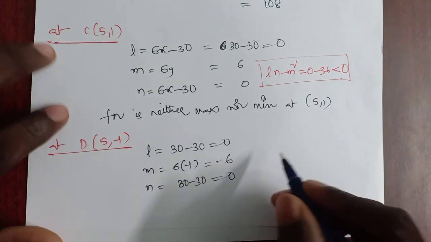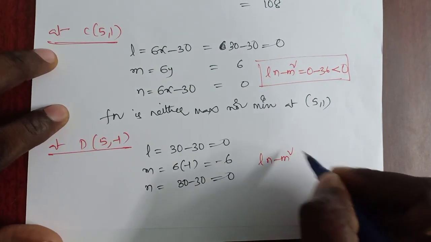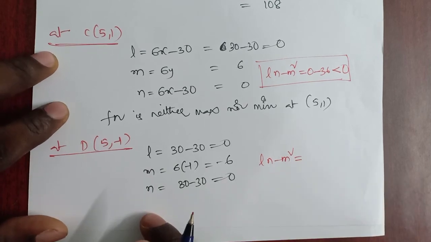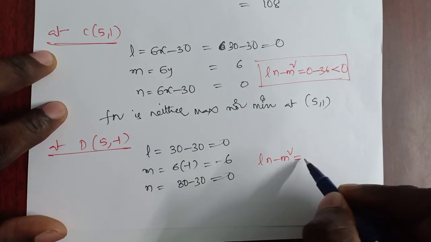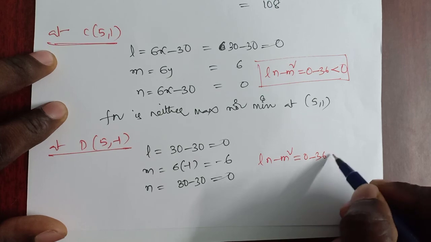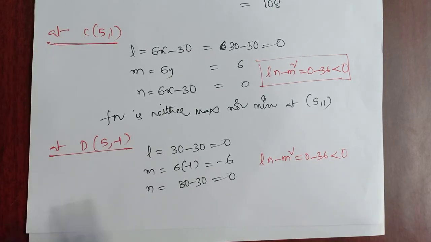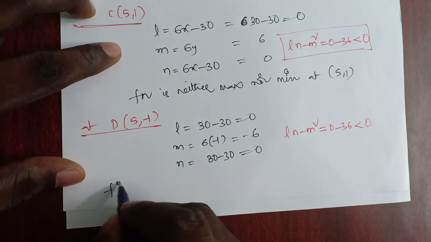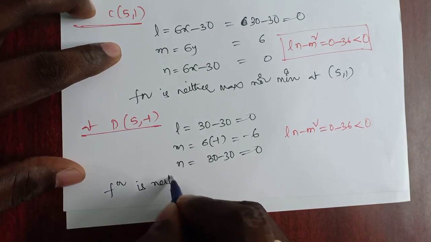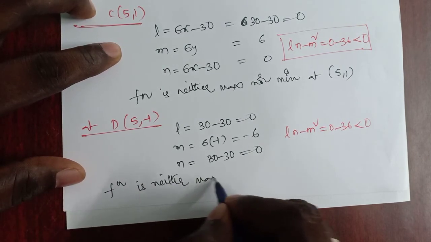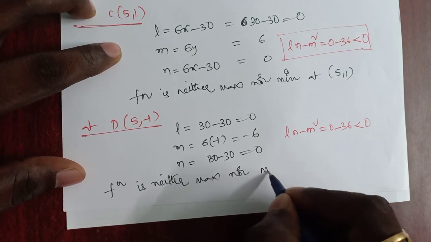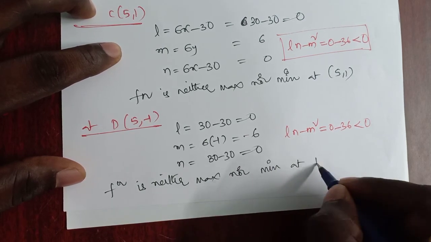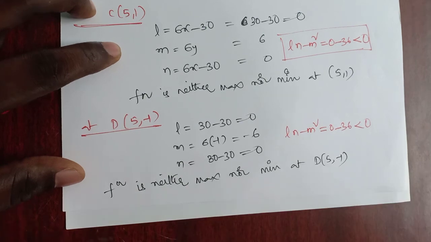Now Ln minus m square is 0 minus 36, which is less than 0. Since Ln minus m square is less than 0, clearly the function has neither maximum nor minimum at D, 5 comma minus 1.